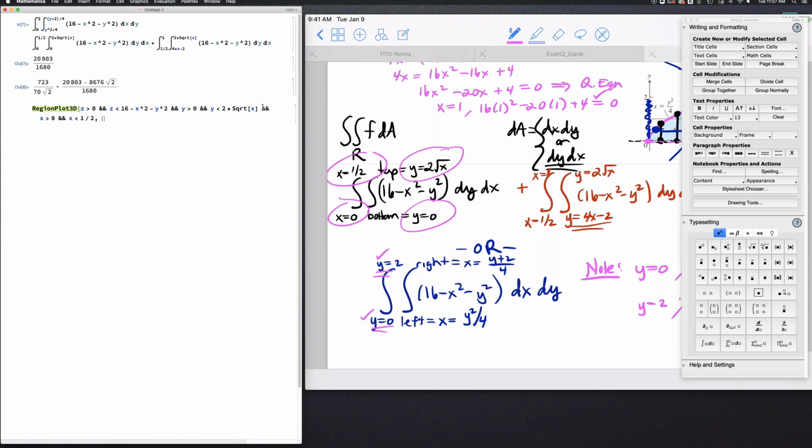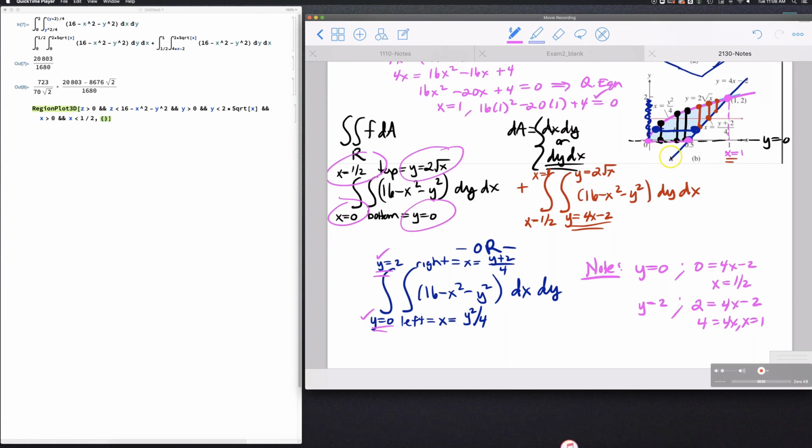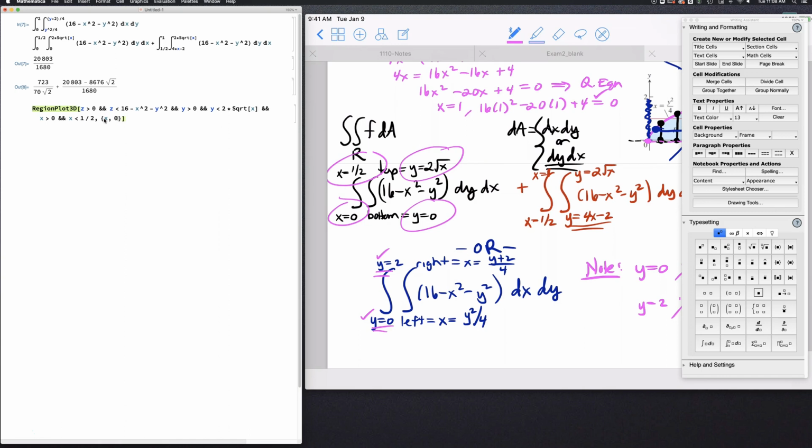Okay. Now we need to show the region. We need to pick the values of x and y. And let's look at this region here. Let's just look at a rectangular region. From what we know from this picture, x going from 0 up to 1, and y going from 0 up to 2. And since it's a region plot 3D, we also need the z values.